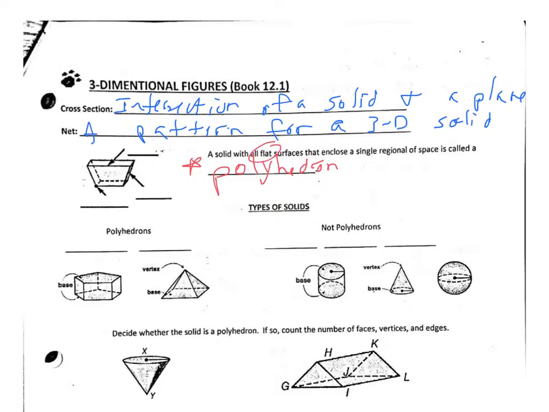Some examples of polyhedrons are prisms and pyramids. They are polyhedrons because they have all flat surfaces. Not polyhedrons, these examples would be cylinders. The curves are what makes them not polyhedrons. Cones and a sphere.